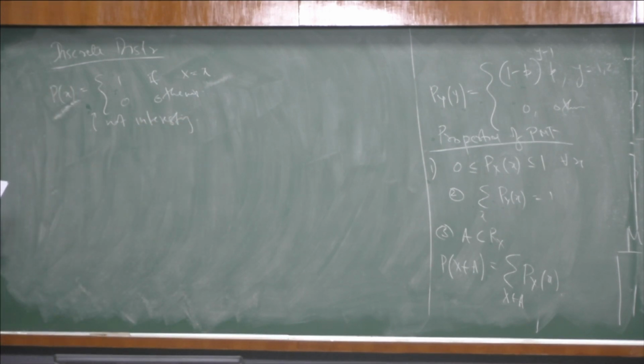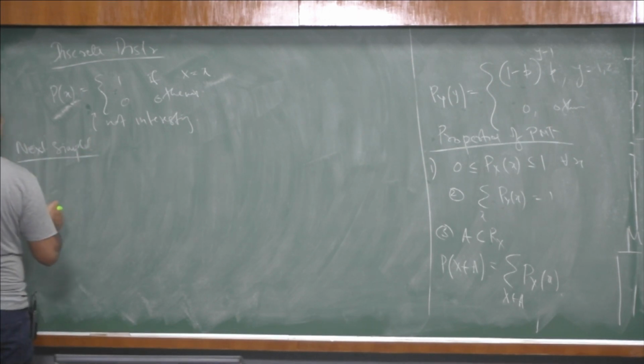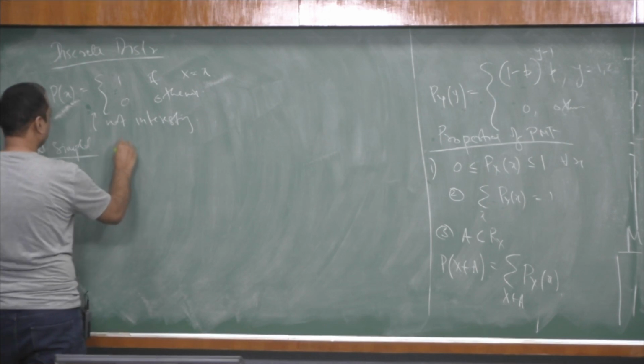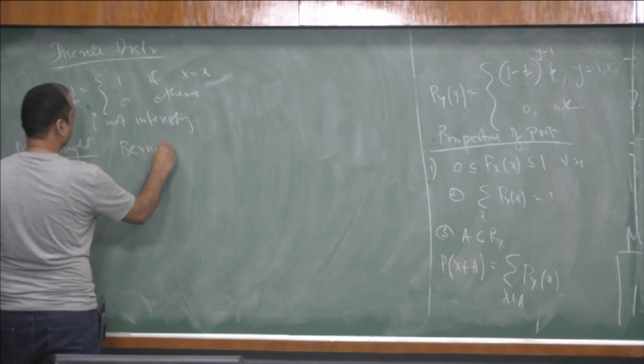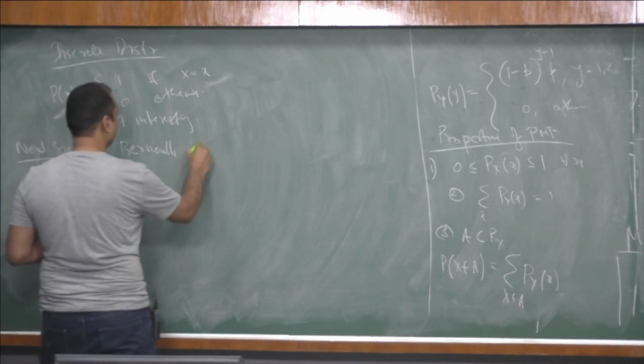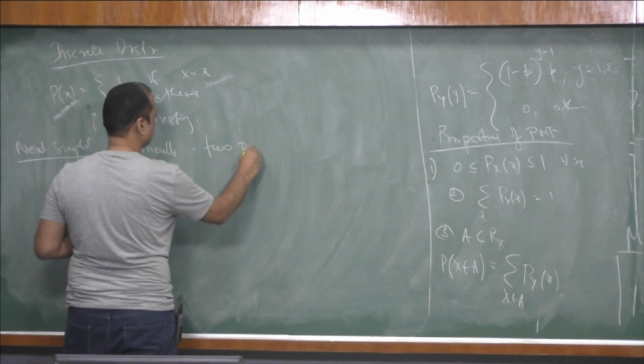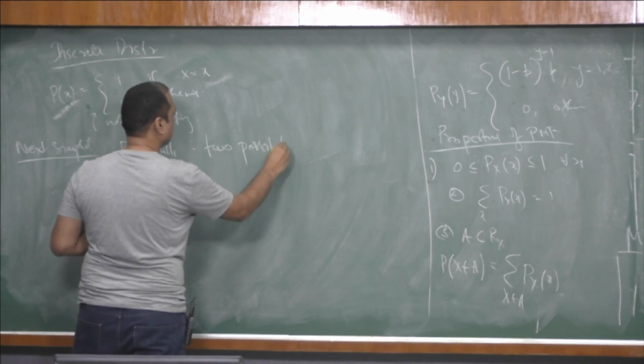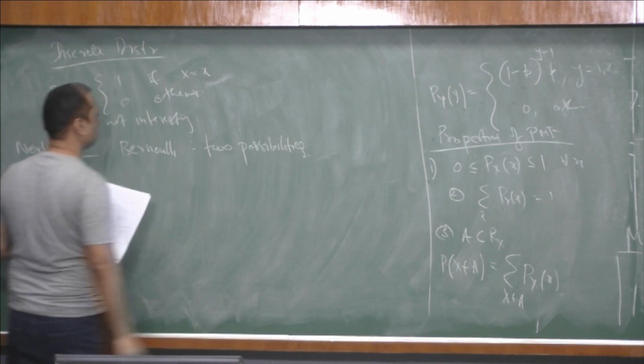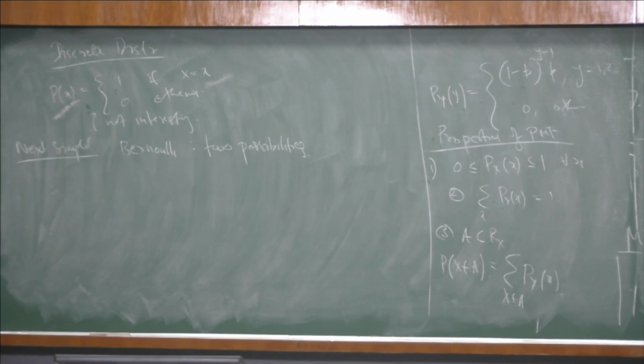So let us look into the case of the next simplest one, something called Bernoulli. It takes two possibilities. This is the next simplest we may think of.